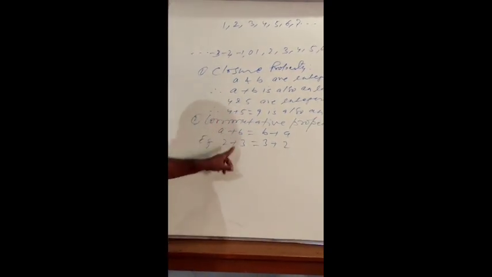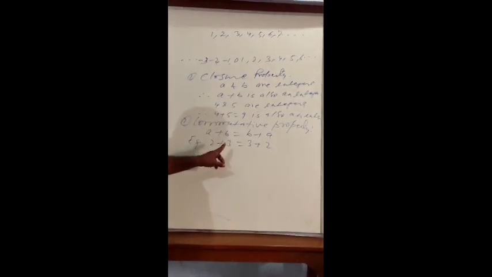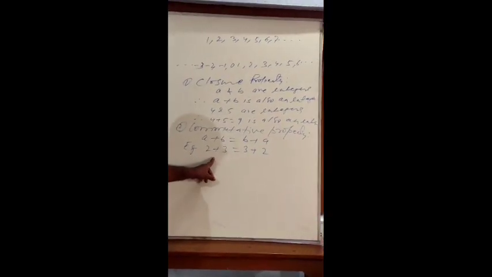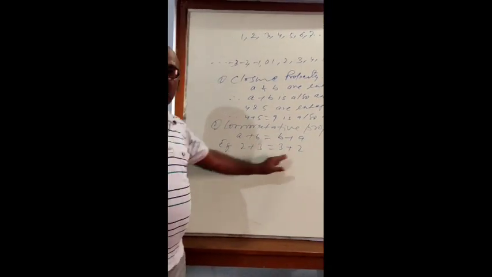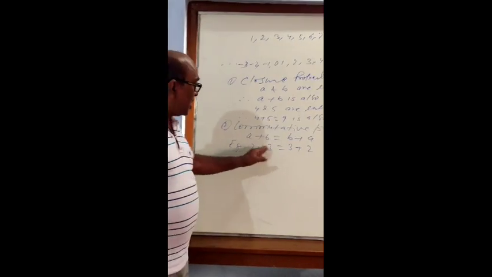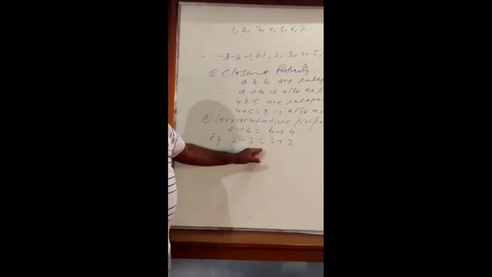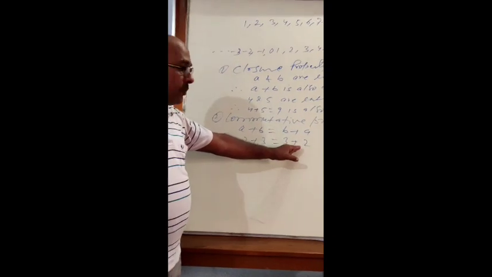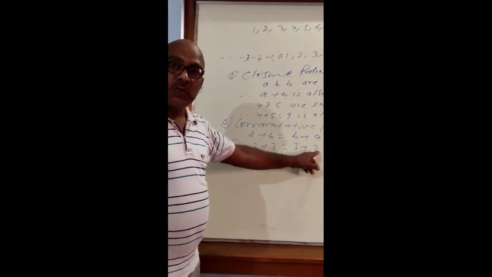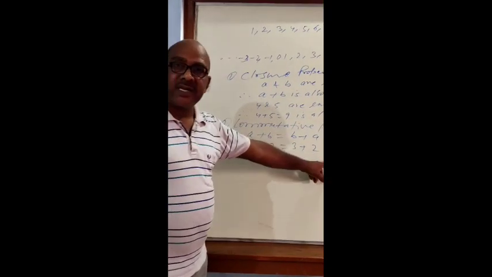In the commutative property, the order of the numbers is different: in the first, 2 is written first and 3 second, and in the second, 3 is first and 2 is second.